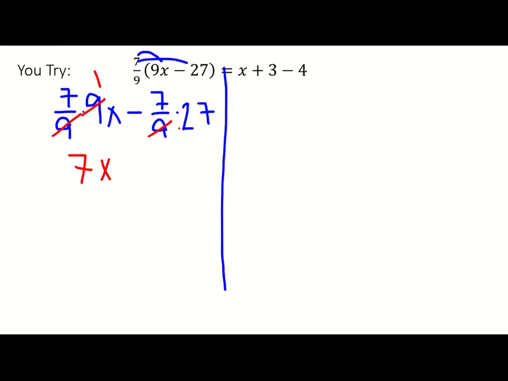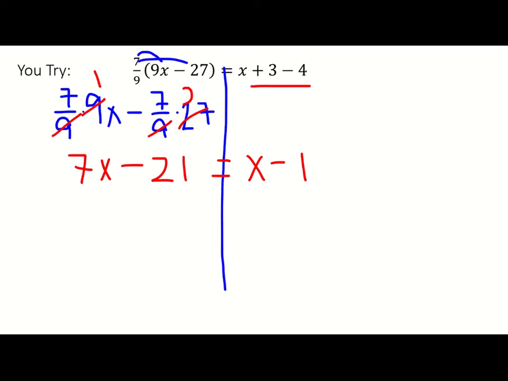And 9 goes into 27 3 times, and 7 times 3 would make this minus 21. On the other side, if I combine my like terms, plus 3 minus 4, I'm going to have x minus 1, since 3 minus 4 is negative 1.